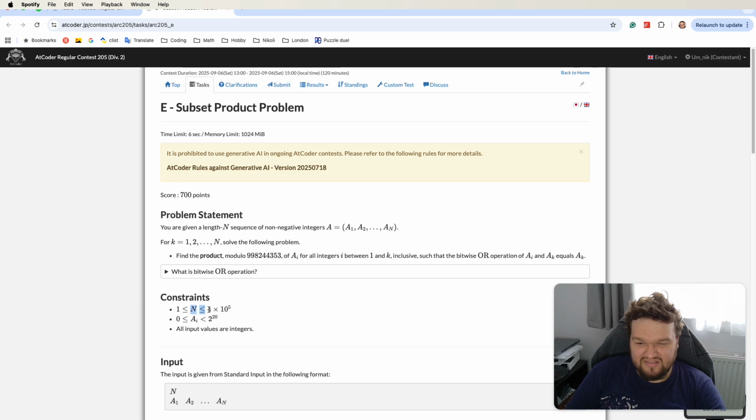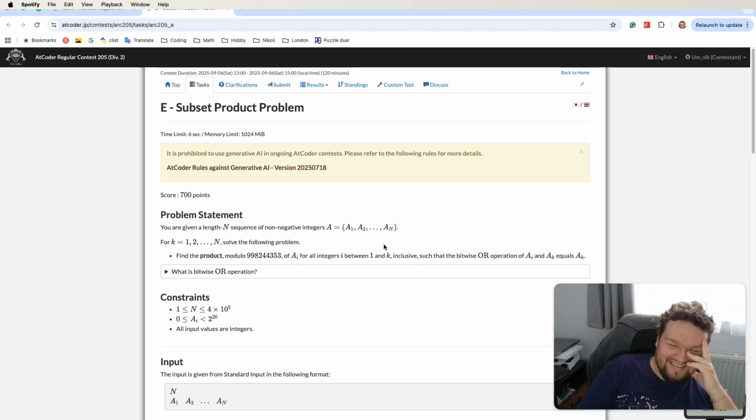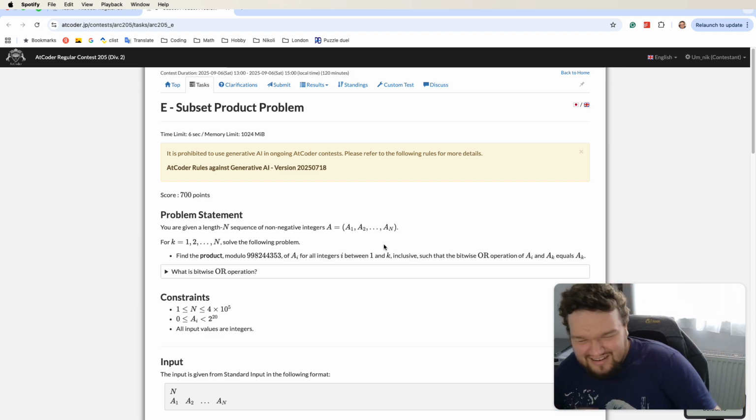Is n times square root of this okay? 6 seconds? It should be fine. What is the problem then? Okay, I think that just works.